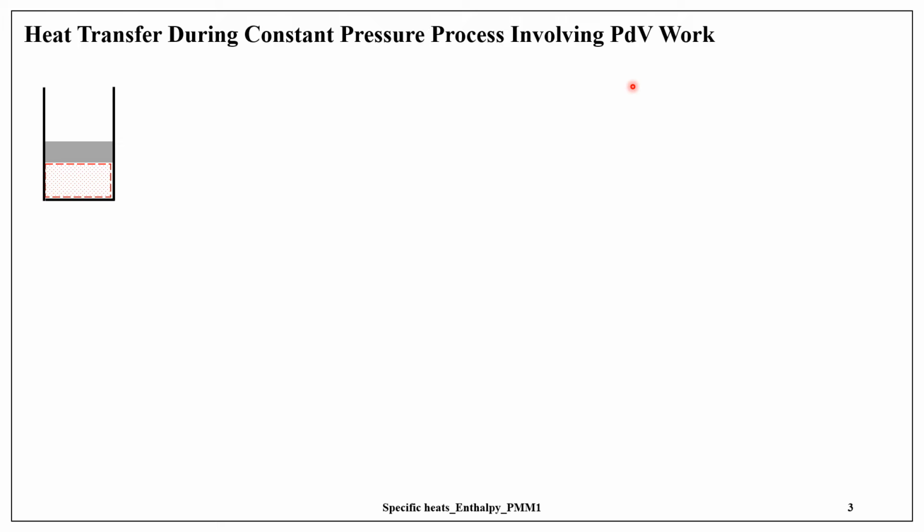In order to derive a formula for heat transfer during a constant pressure process involving only PdV work, consider a piston cylinder arrangement. So some fluid, maybe a gas, maybe an ideal gas, is present inside the piston cylinder arrangement.